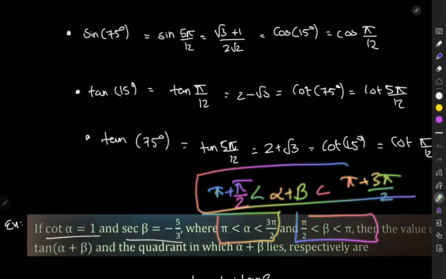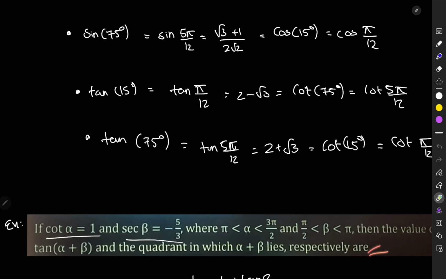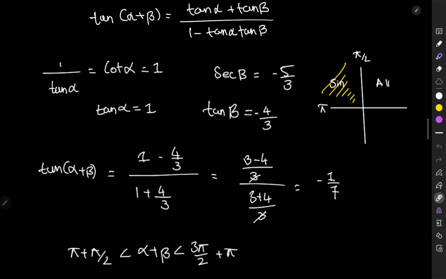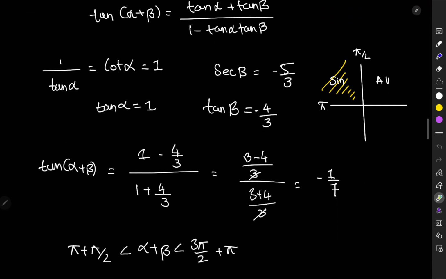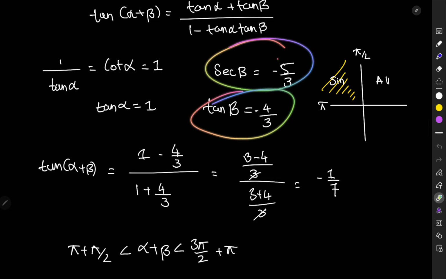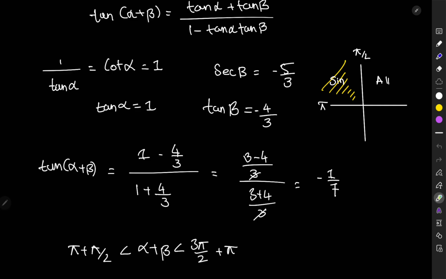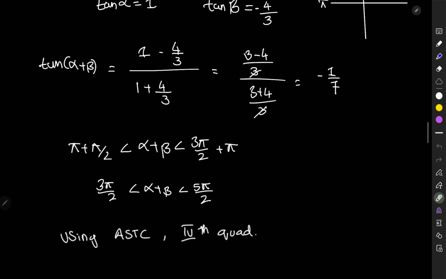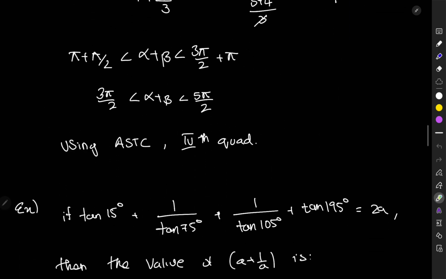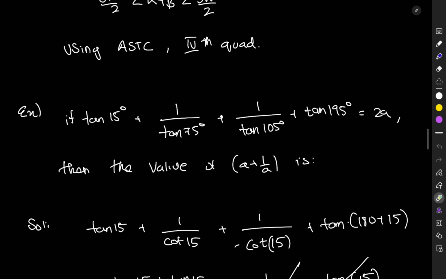So basically this will be alpha plus beta's inequality, right? With this you can actually find the answer. That's what is actually written here. So they found the angles by trigonometry and also found the quadrants. I hope the same thing is written here.